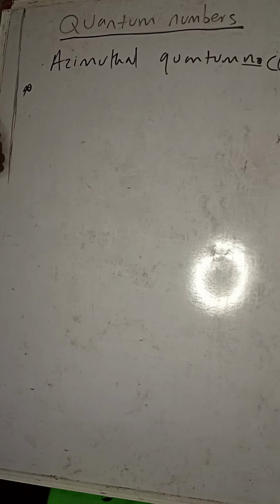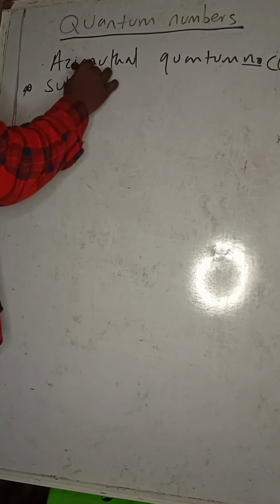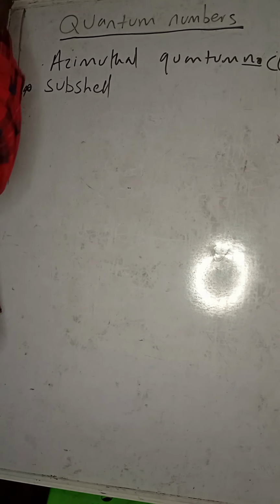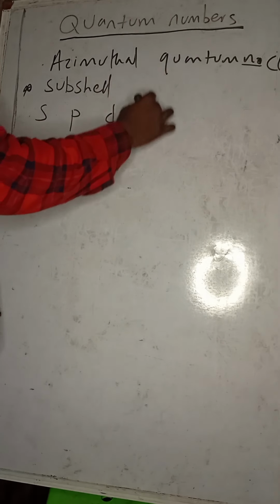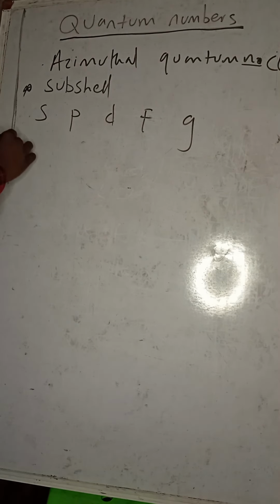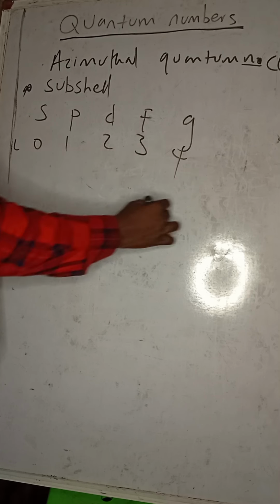So the azimuthal quantum number denotes every subshell. The subshells are usually represented with s, p, d, f, g, so their values for l are going to be 0, 1, 2, 3, 4.